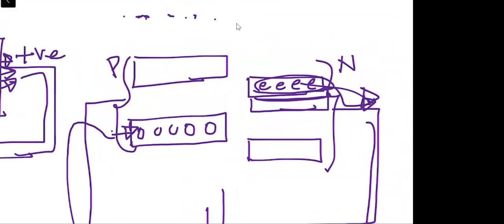Once they are injected into the valence band, the free electrons which were taken from the N side are injected in the valence band on the P side.